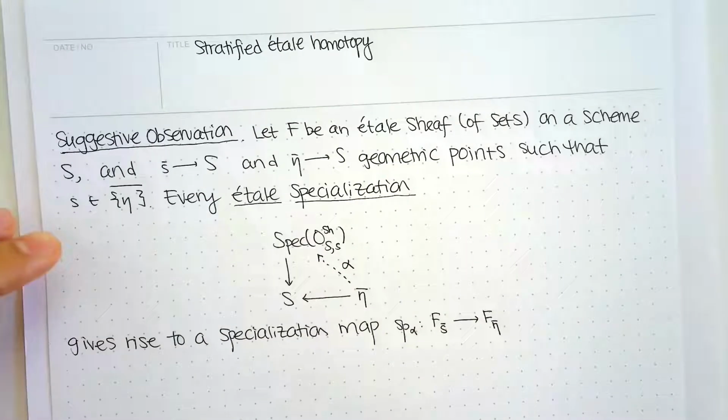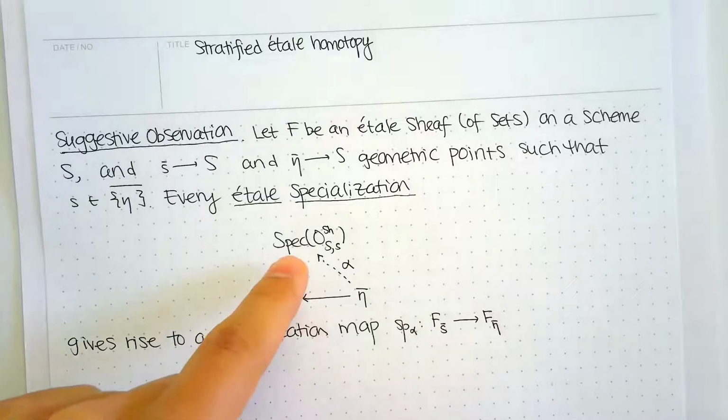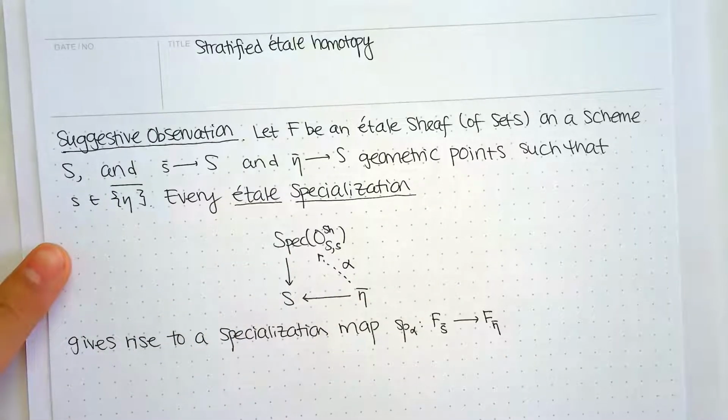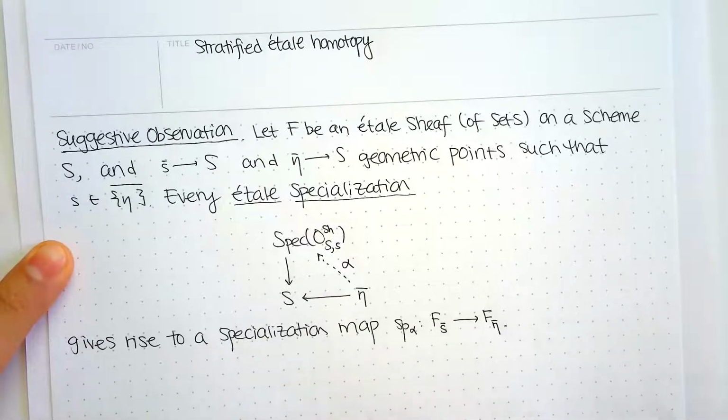So it gives rise to a map like that. And remember, the stalk of the sheaf at S bar, another way of saying it is you pull back the sheaf to here and then you take global sections. So it's not so hard to define this map, but let me not do it because it won't be so important.